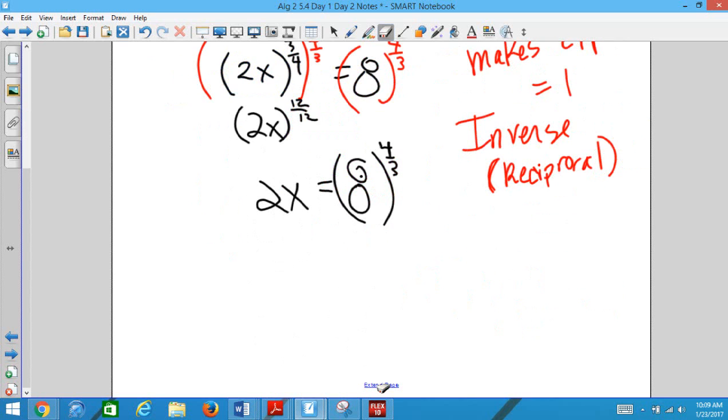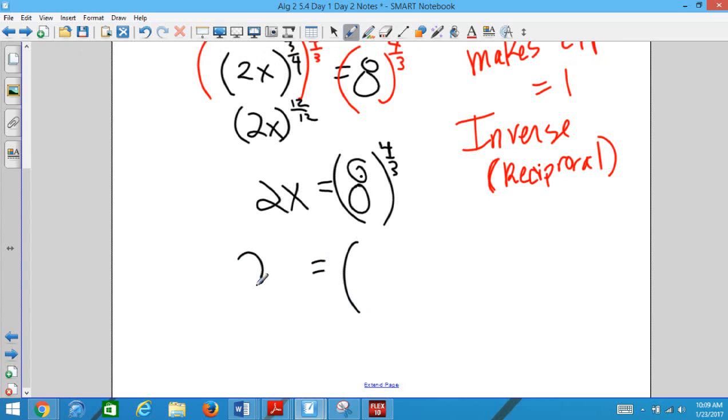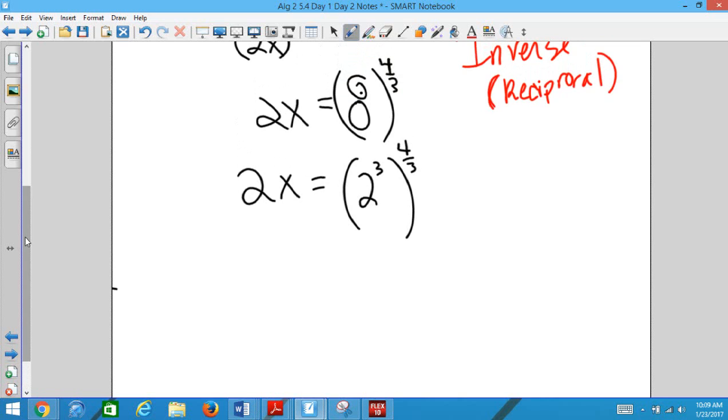Now, from here, I'm going to do something that we did back in section 5.1 or 5.2. I think it was 5.1. Not that long ago. So I'm going to take 8, and I'm going to rewrite 8 as a prime number to an exponent. 2 to the third. And then we multiply our exponents.